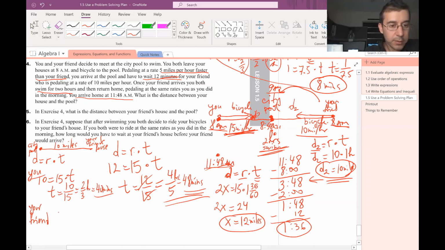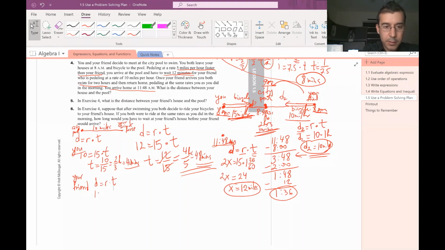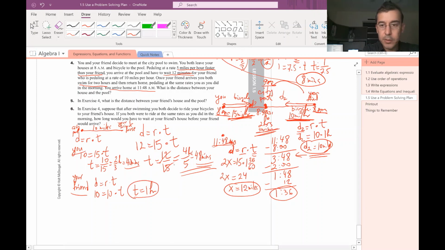And then your friend, using the same formula, the distance is 10 miles. So 10 equals R is 10 miles per hour, right here, times T. So T, 10 over 10, or 1 hour. So it's going to take your friend 1 hour to get from the city pool to his house, and it's going to take you 40 minutes to get from the city pool to your friend's house.